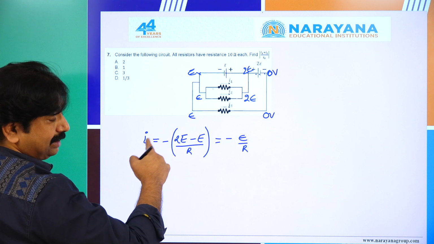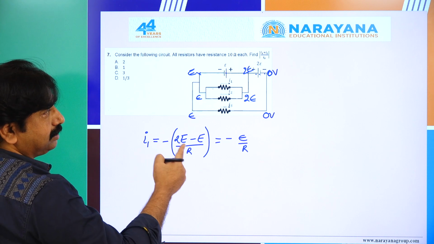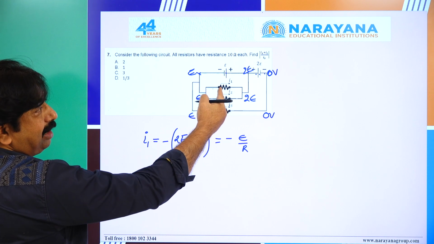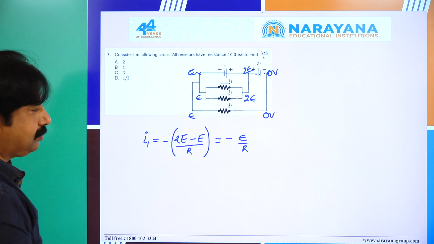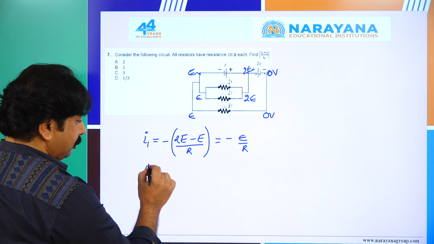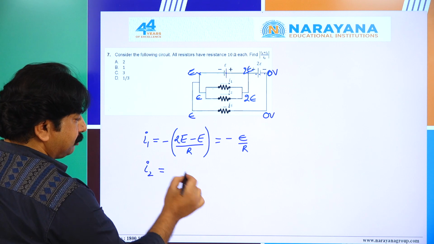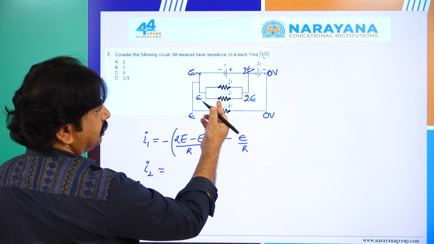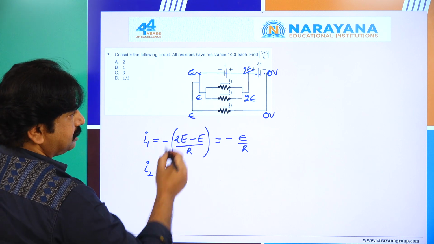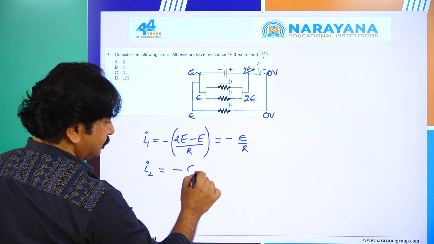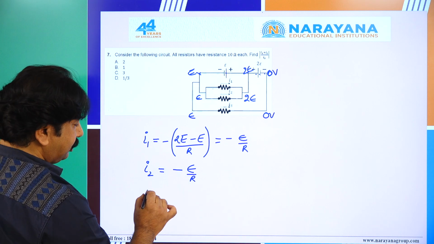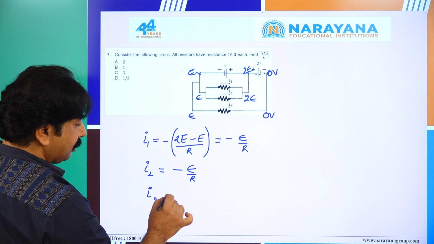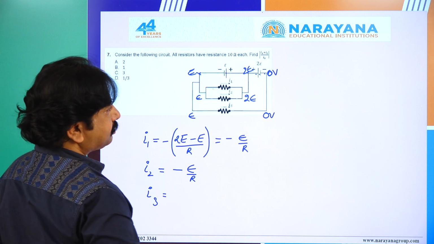Why am I considering the negative sign here? Simply, that is opposite to the given diagram direction. Similarly, I2 is equal to, here also same resistance. So this also flows in the same way. Same answer, we are getting E by R. But I3 is equal to, think about I3.